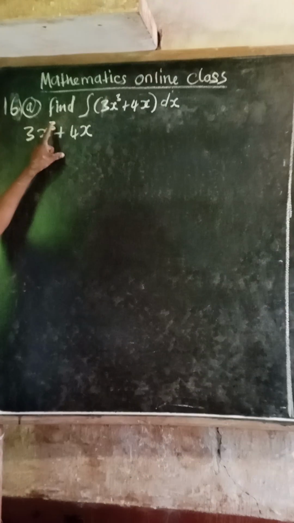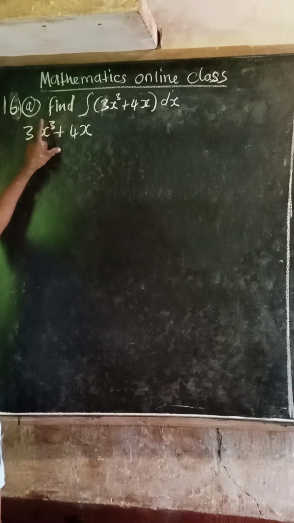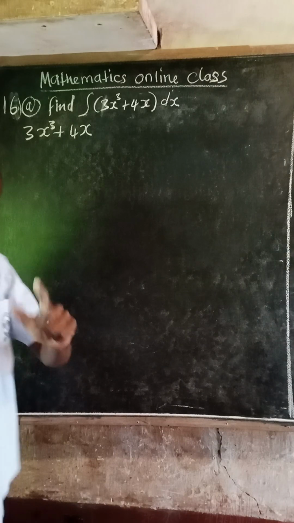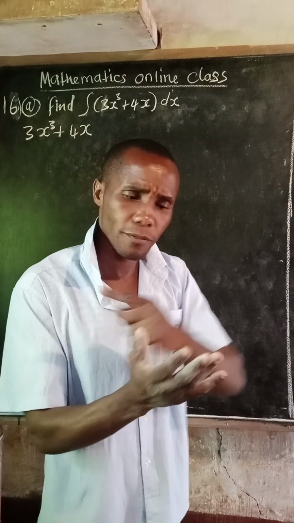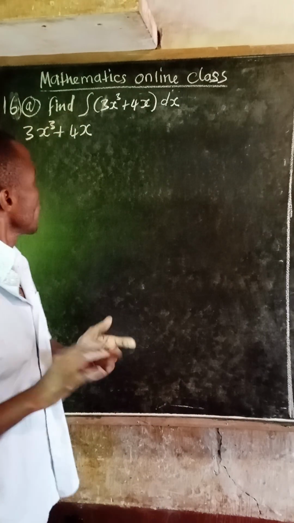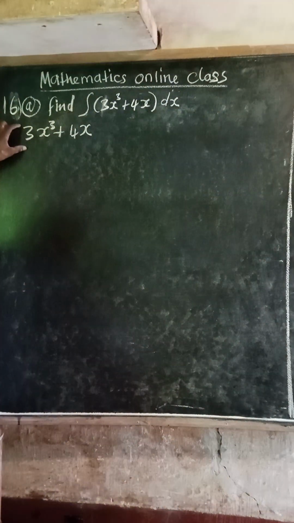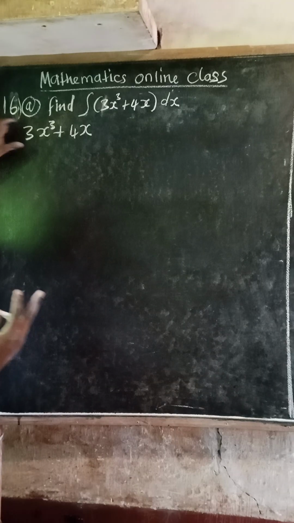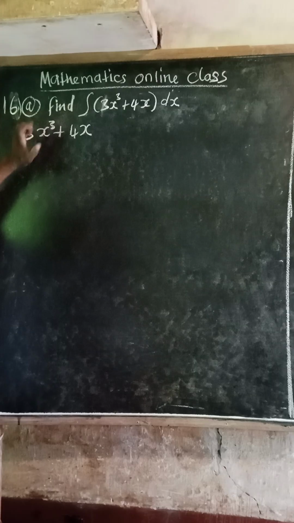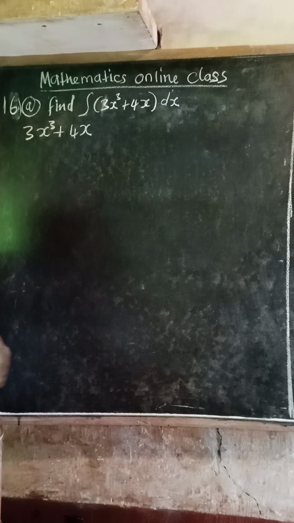When you are integrating, we just use division and addition, but when you are differentiating, it's multiplication and subtraction. So you should differentiate the two. Now, that addition, where is it supposed to be applied? On the power part. Then division, you divide by the new power.